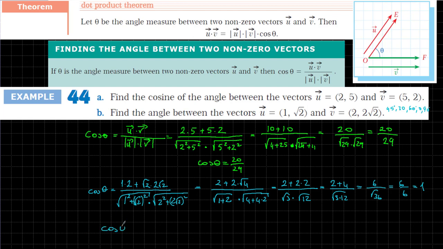If cosine theta is equal to 1, we know from the unit circle that if theta is equal to 0, then cosine theta is equal to 1, which means the angle theta is 0 degrees. This is also one of the known angles that I have written here.